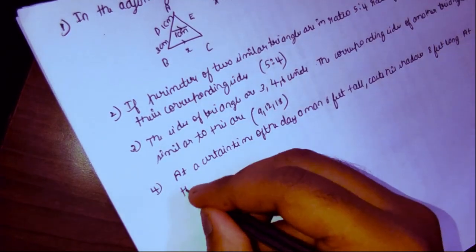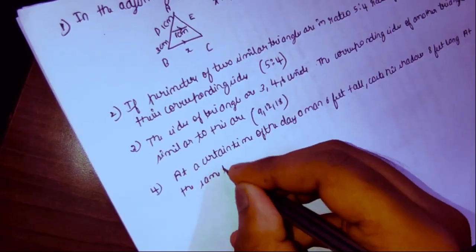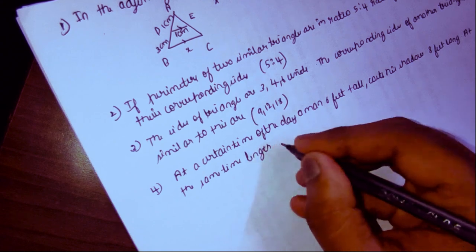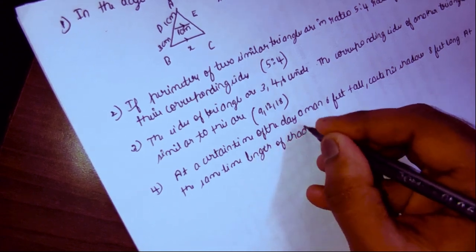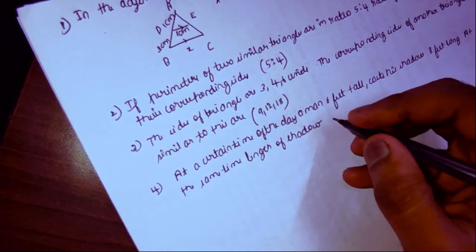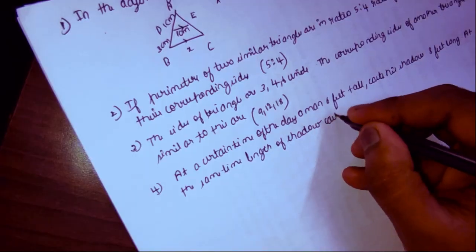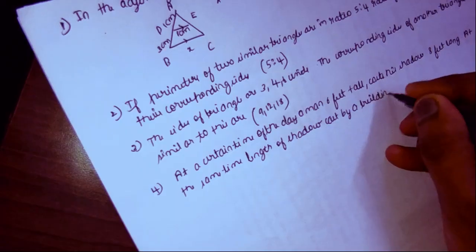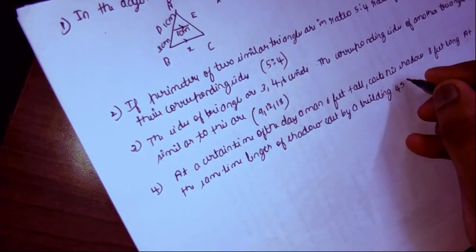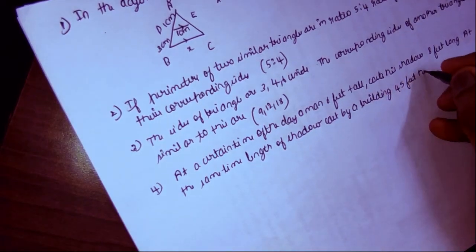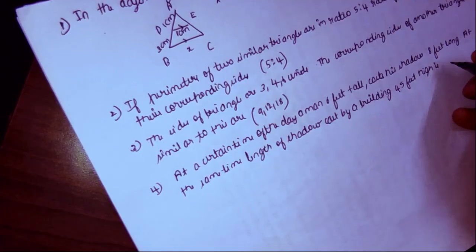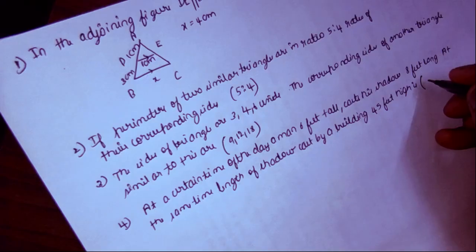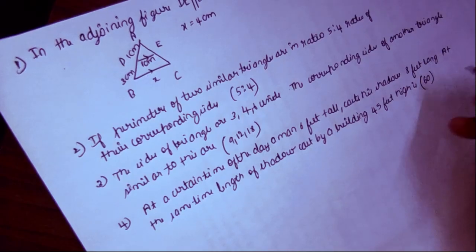At the same time, length of shadow cast by a building (45 feet high) is. The answer is 60 feet.